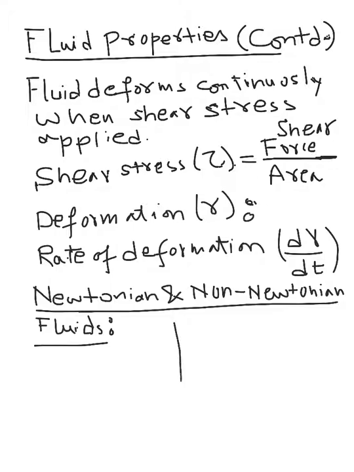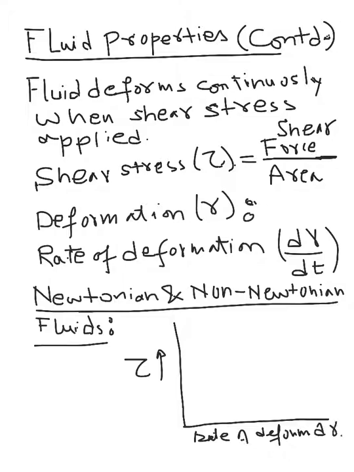So for example, if I take tau on the y-axis and rate of deformation, partial gamma over partial t, then for a Newtonian fluid it will be a straight line. However, for a non-Newtonian fluid it will be a non-linear curve.